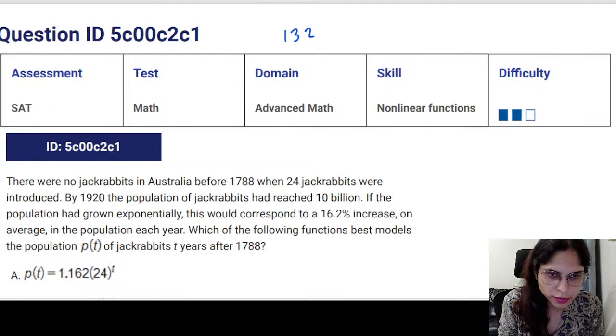So right now we just want the easy questions in quadratics. One, two, three, 4, 5, 6, 7, 8, 9, 10. There are 10 questions.